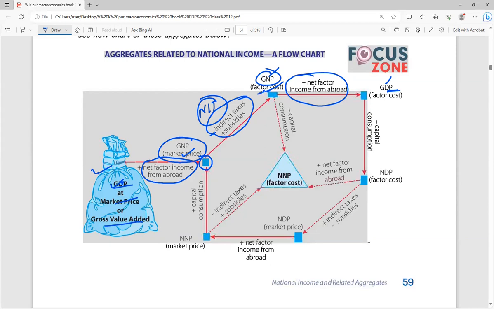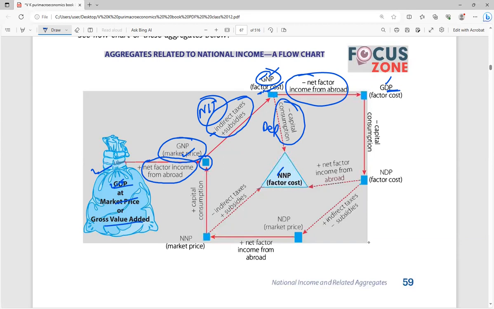From this, if I subtract depreciation, otherwise known as consumption of fixed capital, or capital consumption, which is nothing but depreciation. Remember that. So with depreciation changed, gross becomes net, and remaining all are the same. See, net national product factor cost. That's it. Clear?